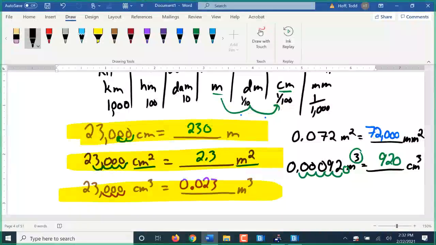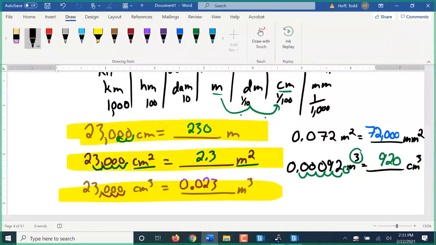On quizzes that are coming up, I catch people all the time. 4 square feet to square inches. People put down 48. That would be if it was 4 feet, it would be 48 inches. 4 square feet is not 48 square inches. 4 square feet is going to be 576 square inches, because that conversion is 144 instead of 12. So make sure you're very careful of that.